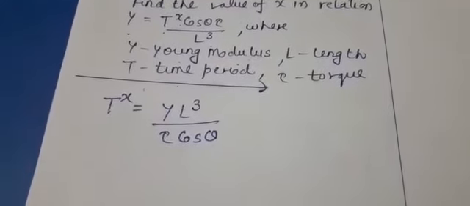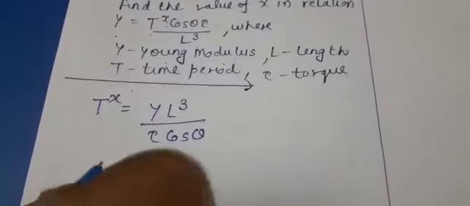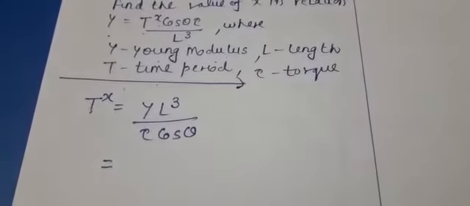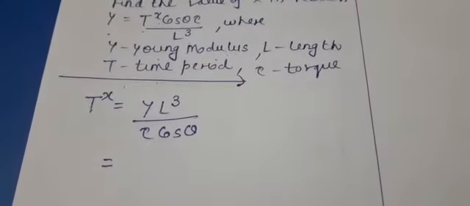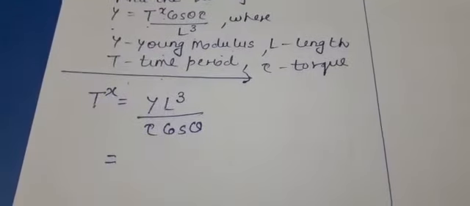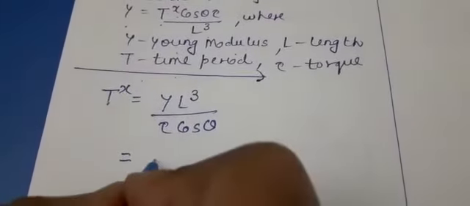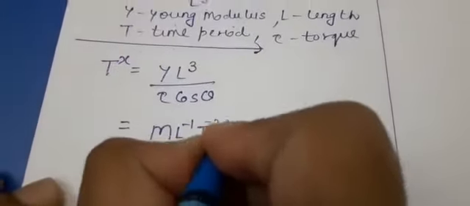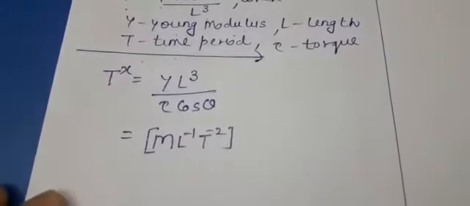It will be substituting the dimension formula. Y, Young modulus, stress upon strain, strain is dimensionless, stress having same formula as that of pressure. So this way you can relate. So Y will have dimension formula M L minus 1 T minus 2.